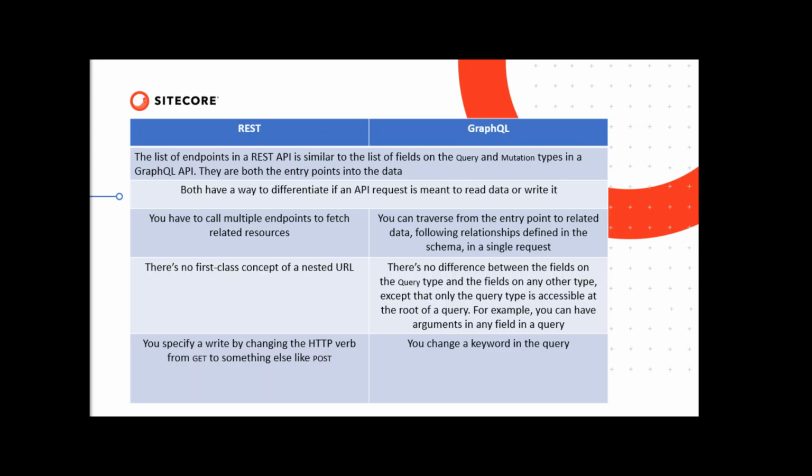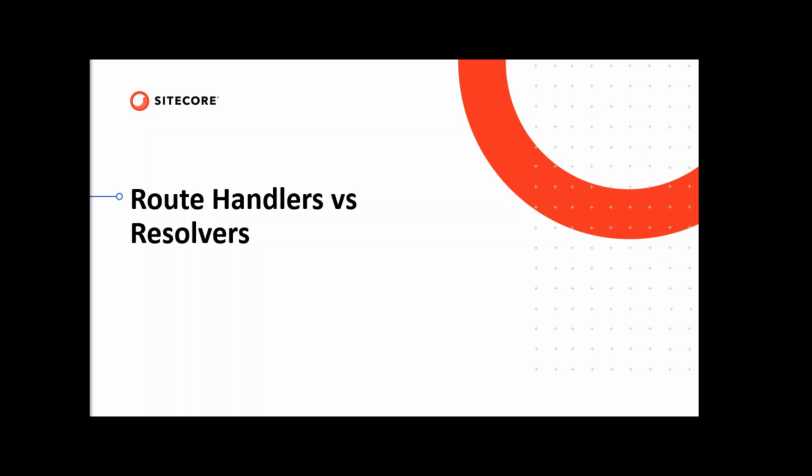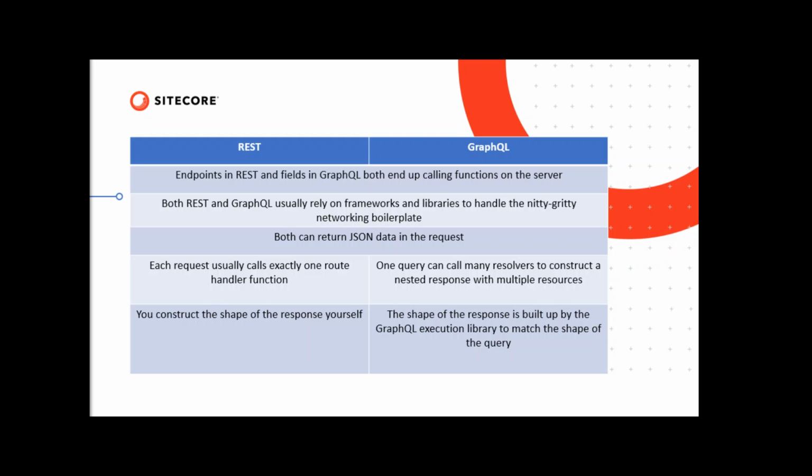Okay. And then, yep, I'll go through the details here. Root handlers versus the resolvers for GraphQL. Okay, just now I mentioned the schema, resolver, and the query itself. Actually, it's the same as REST as well. It relies on the framework or the libraries to handle those requests and to handle the data manipulation and those stuff.